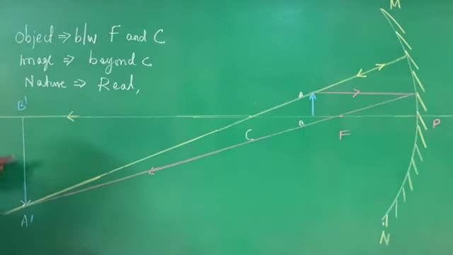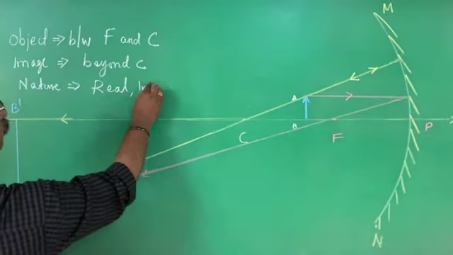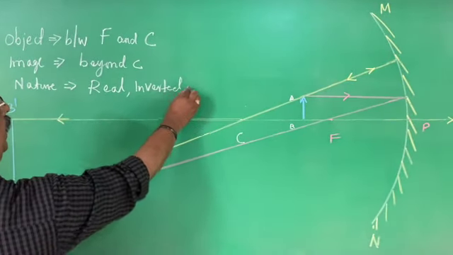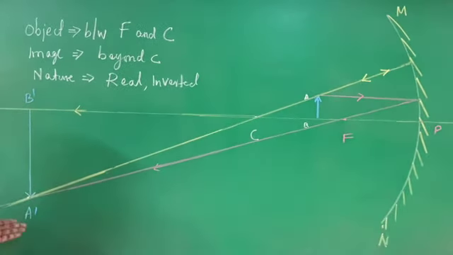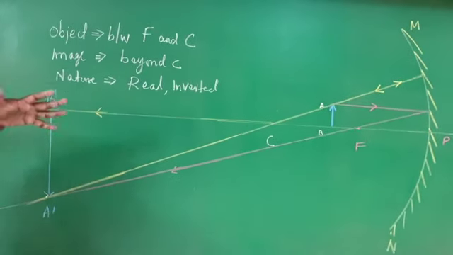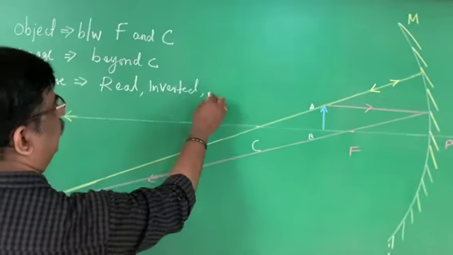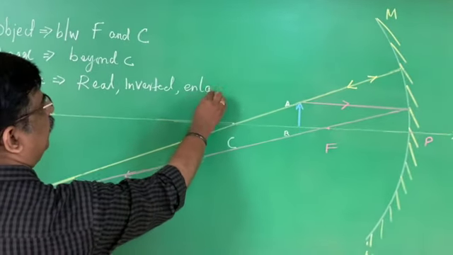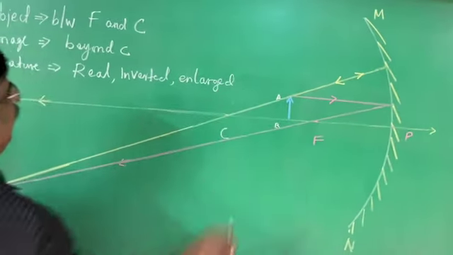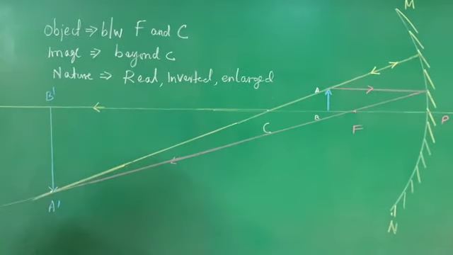Real images are inverted. That is also verified. And by looking you can understand the image is highly enlarged. Therefore, the nature of the image is real, inverted and enlarged.